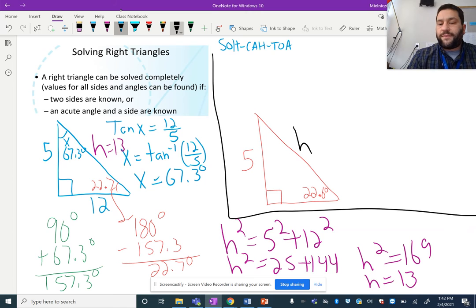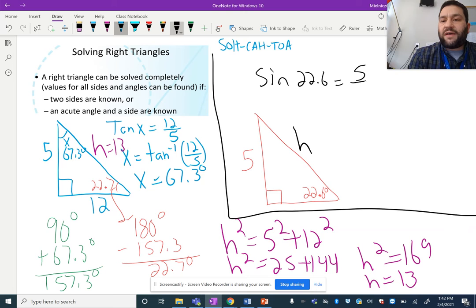So what do I have? I have opposite and I have hypotenuse. That is sine. So I know that the sine of 22.6 degrees is equal to 5 over h, which means that h will equal 5 over the sine of 22.6.